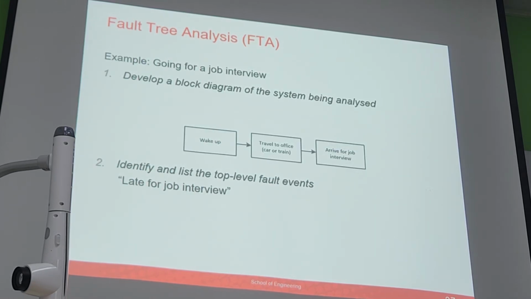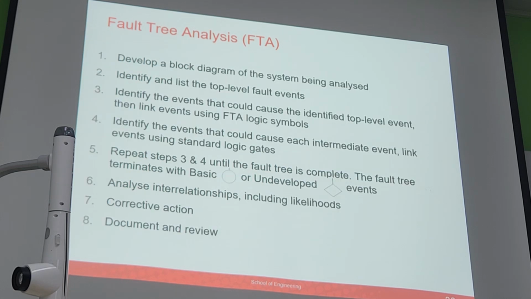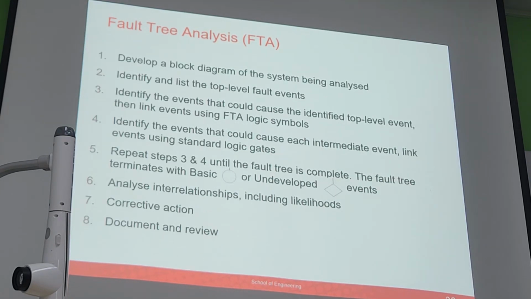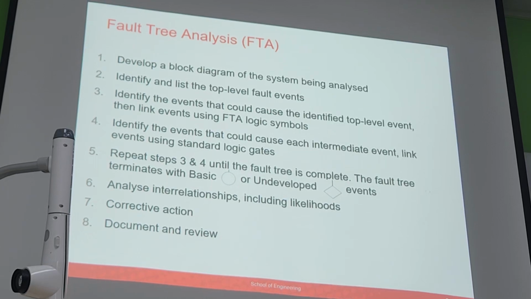So I read it for you, and then I give you the example. For the FTA, develop a block diagram by using these symbols, okay? Develop the block diagram of the system being analyzed, and identify and list the top level of the fault.